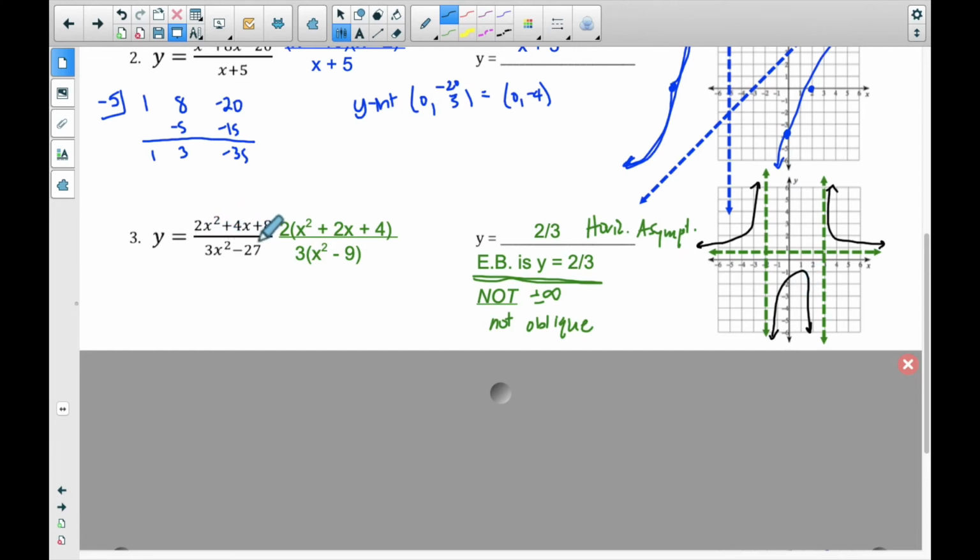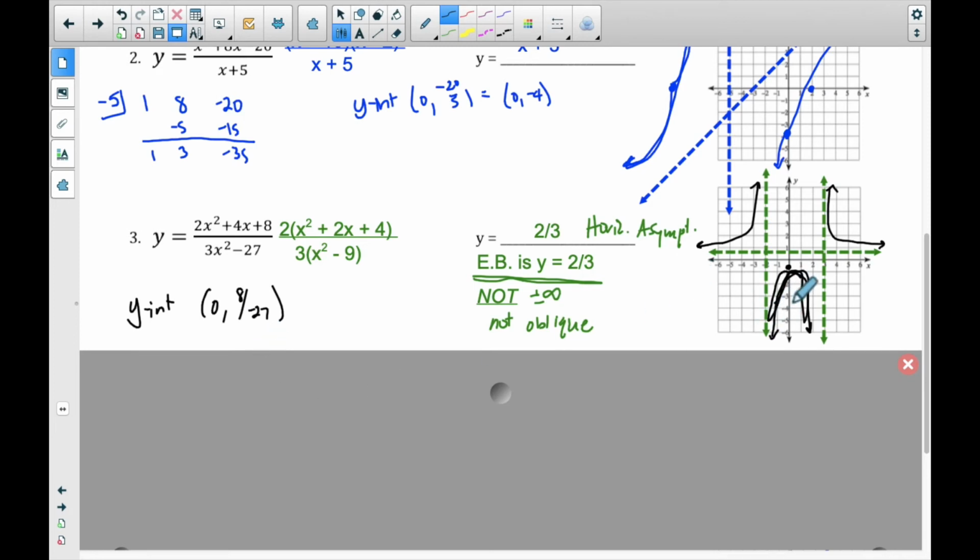Our y-intercept is going to be, we plug in a 0 and we get 8 over -27. I don't know what decimal that is, but I know it's a negative number, and I didn't draw mine very well because it should be right about there, okay? So that's where it hits, 0, -8 over 27.